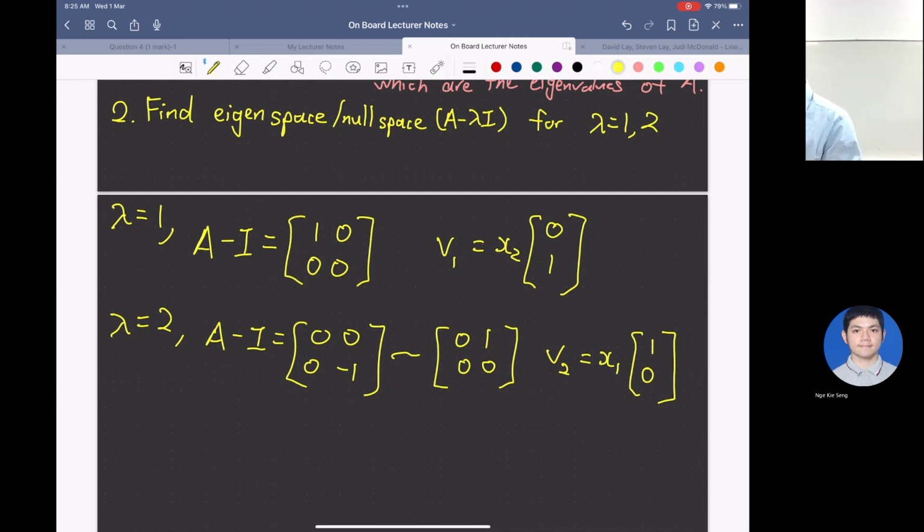So this is the eigenspace. Any scalar multiple of (0, 1) is an eigenvector for 1. Every scalar multiple of (1, 0) is an eigenvector for 2.